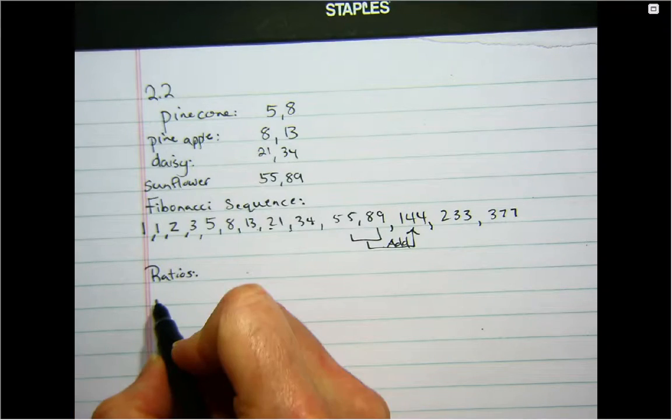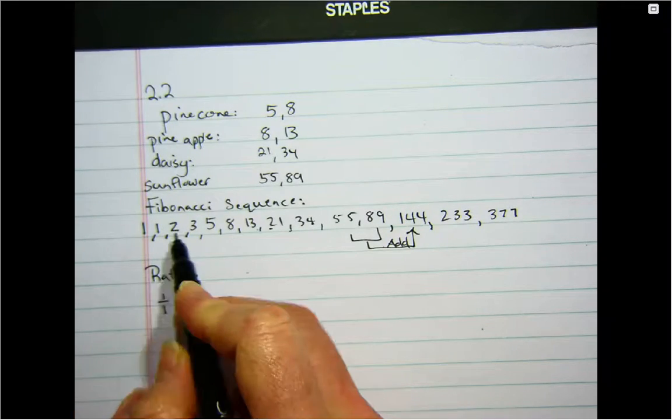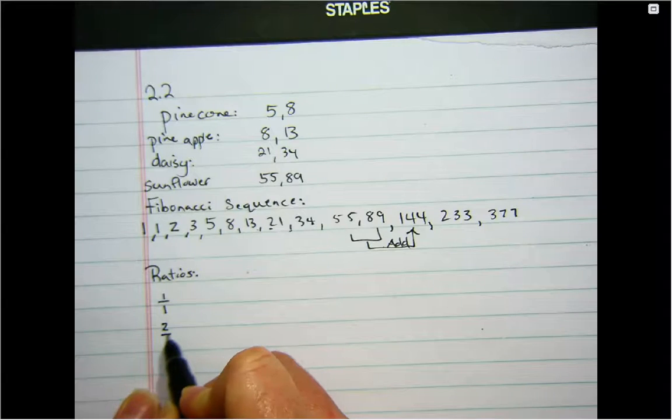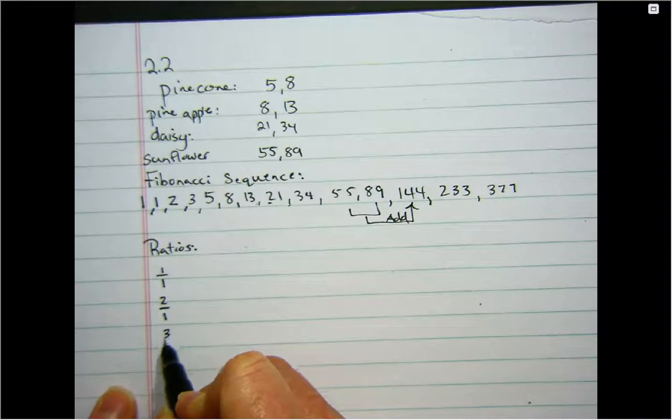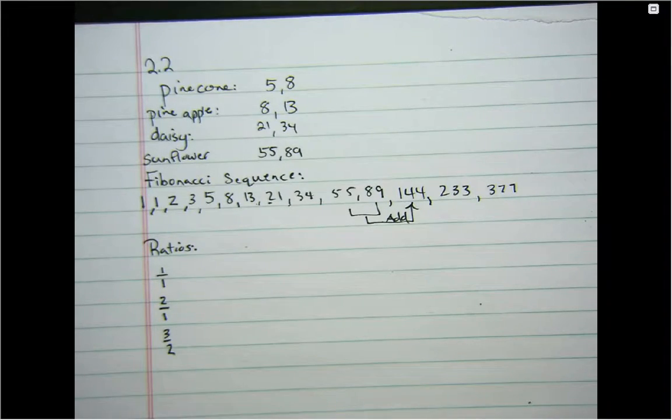I'm going to do the second number divided by the first number. So 1 divided by 1, 2 divided by 1, 3 divided by 2.